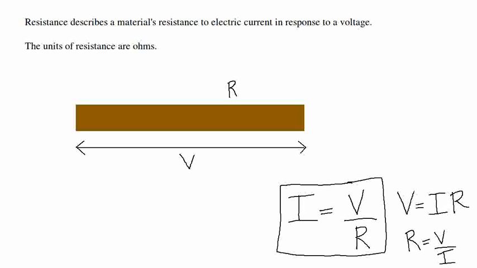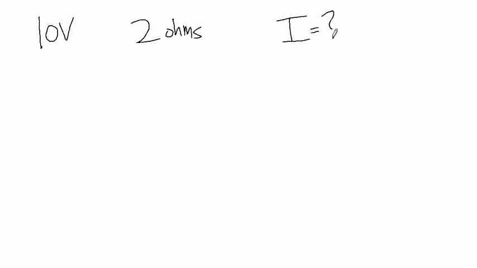Now I'd like to do some example problems using Ohm's law. Suppose that I had a 10-volt battery, and suppose that I had a resistance that was 2 ohms, and I wanted to know what the current was in that piece of wire that had 2 ohms of resistance, with a voltage difference of 10 volts between the ends of the wire.